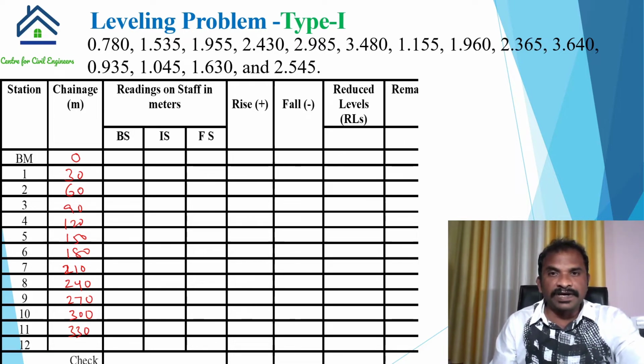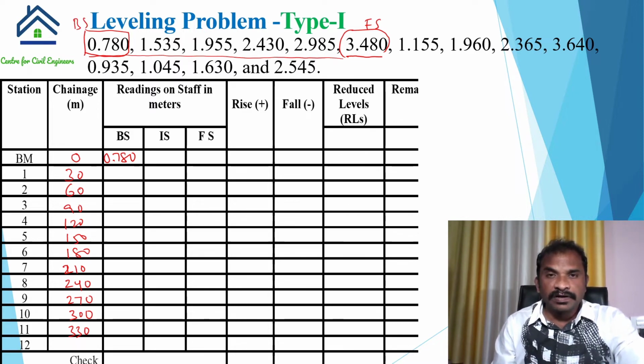If you observe all these values up to here, all the values gradually increase. This is the first sight, the backsight. We can blindly enter it in the backsight column, 0.780, and this is the last reading from the first setup. This is the Fs value, the last reading. Between Bs and Fs, all these values are entered in the intermediate column.